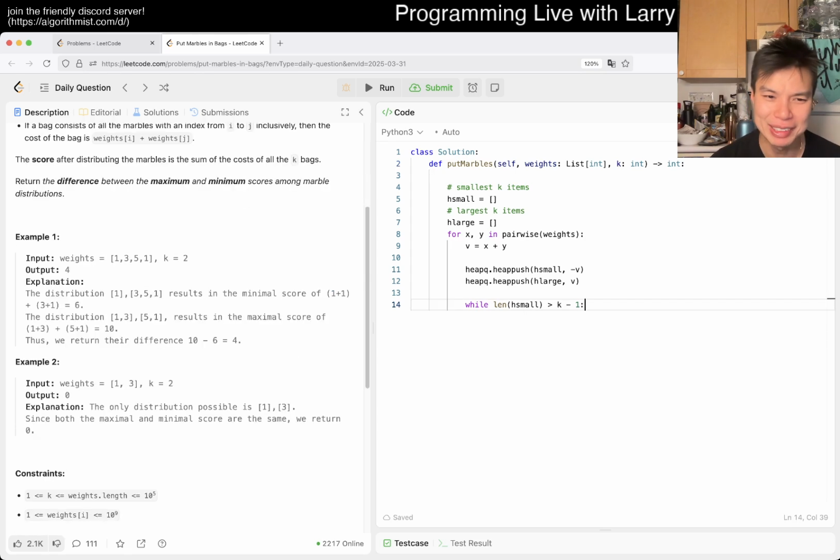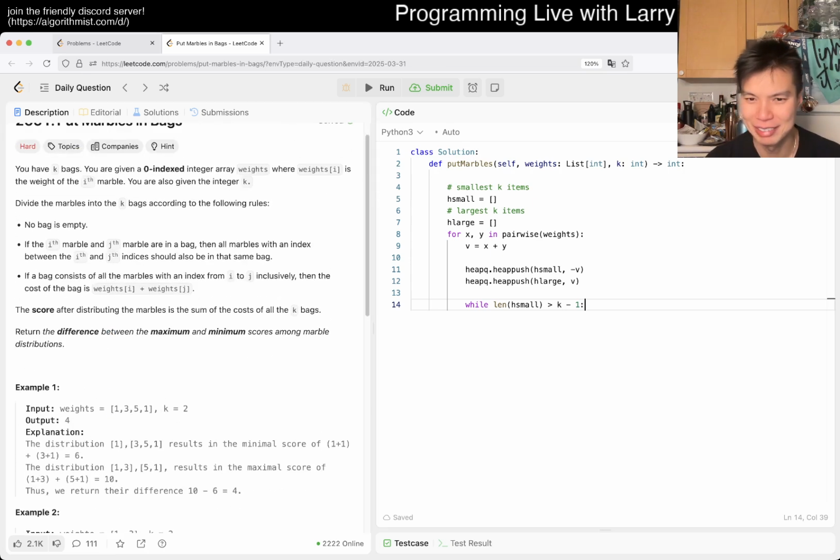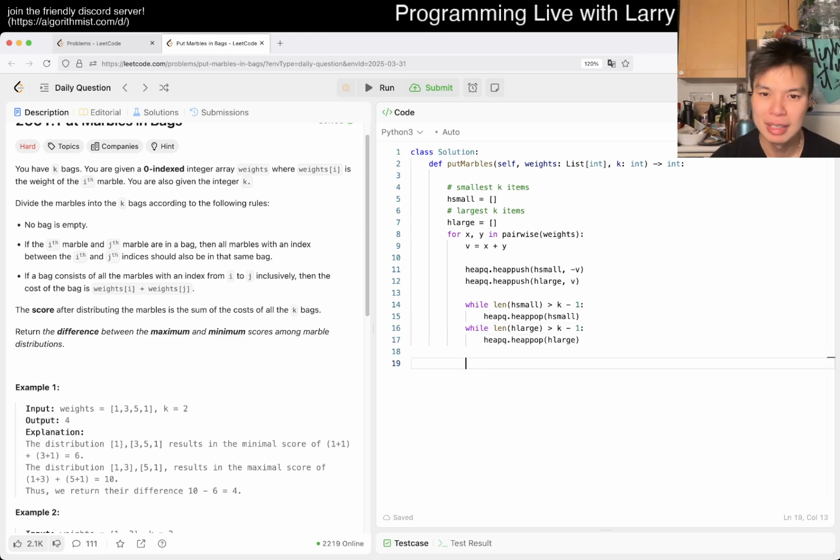Also, I'm going to forget this, but I do know that you have to add in the borders once more, but maybe I'll forget because I've been kind of silly lately, to say the least. Same for h large, even though it should only happen once, but it's not that expensive. And then now we can just return.